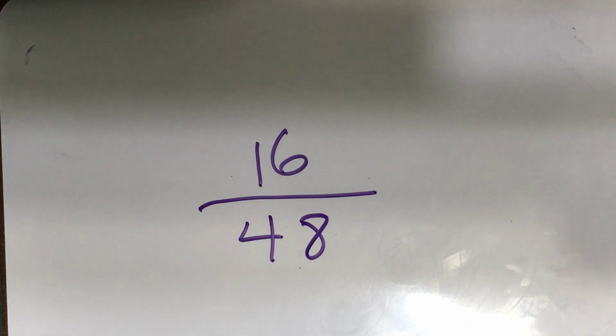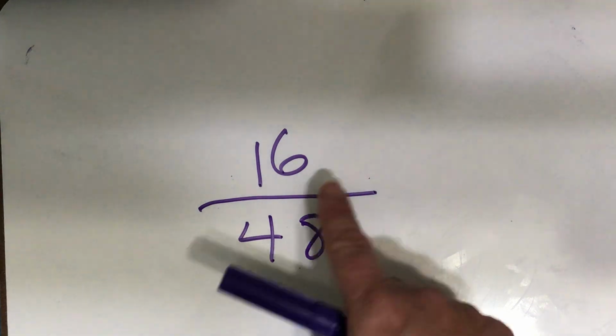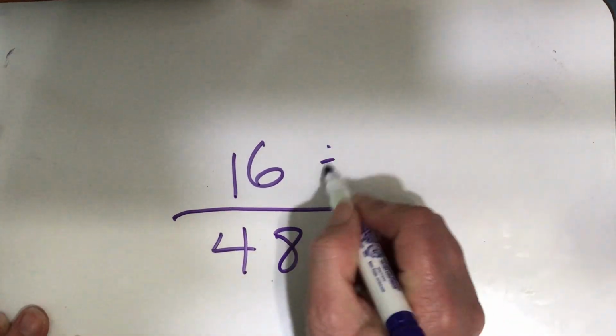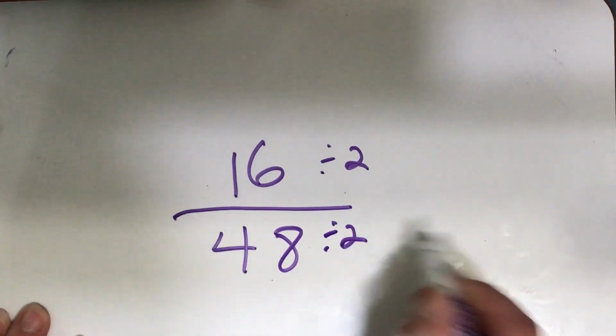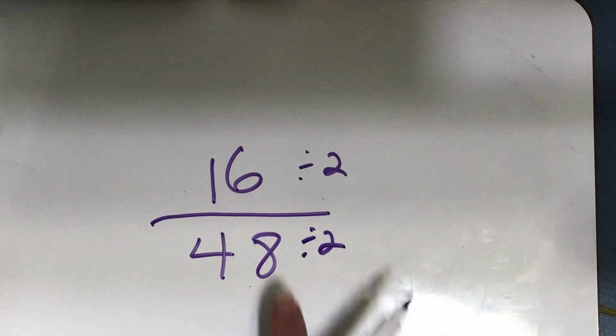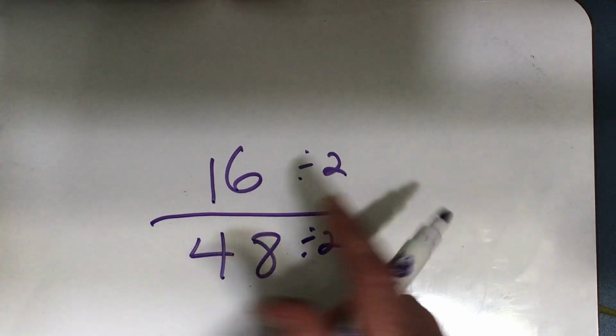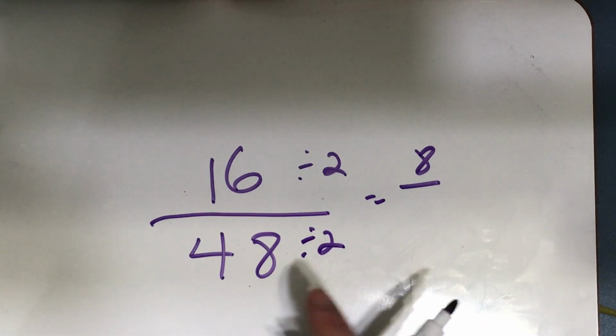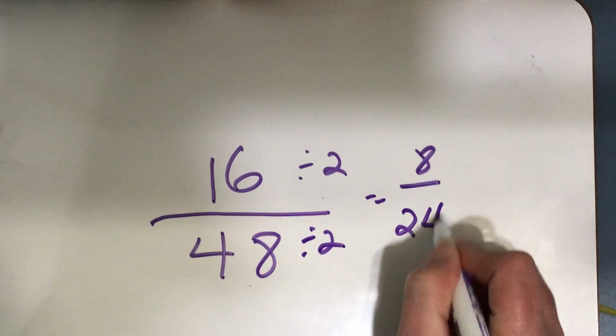And if I look on my fraction factor chart, I don't have 48 on here. So I'm going to look at this and think, well, those are both even numbers. So I'm going to start by dividing both of them by 2. I know that's not my greatest common factor, but I can get some smaller numbers to work with. 16 divided by 2 equals 8, and 48 divided by 2 equals 24.